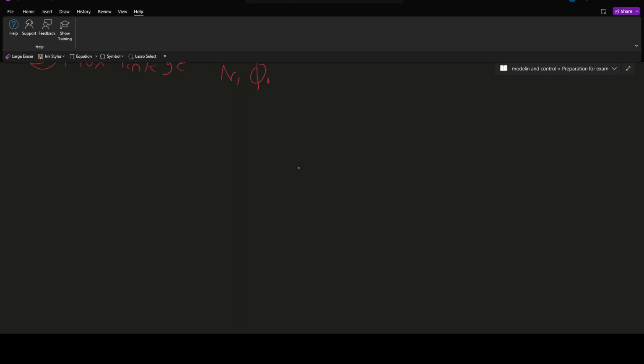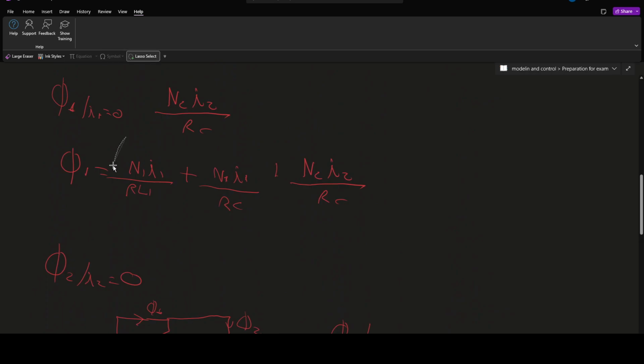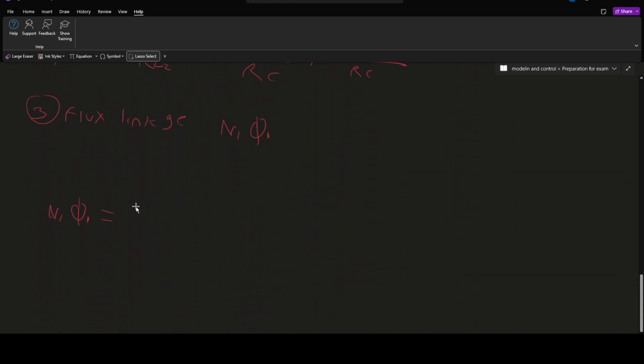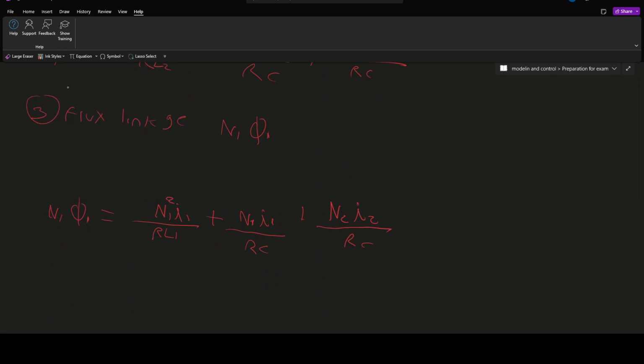So N1 times phi 1 is just going to be equal to this one that we found here, all of this, and we multiply it by N1. So we have N1 squared here, N1 squared here, plus N1 times N2, and this is our flux linkage for our phi 1.